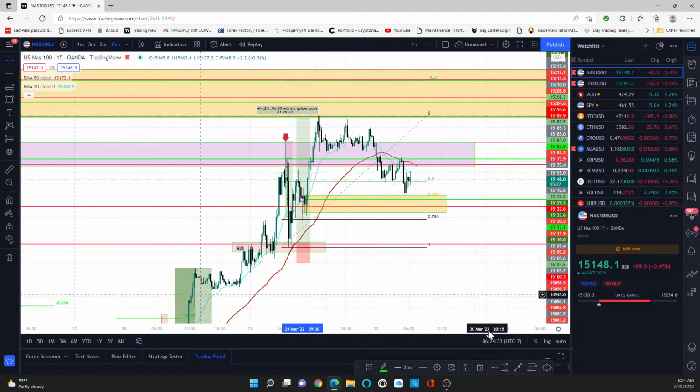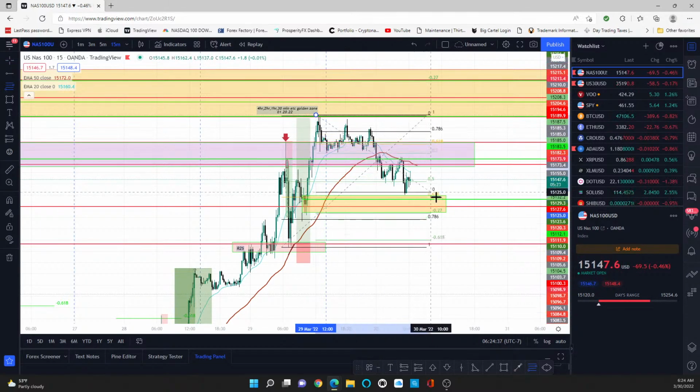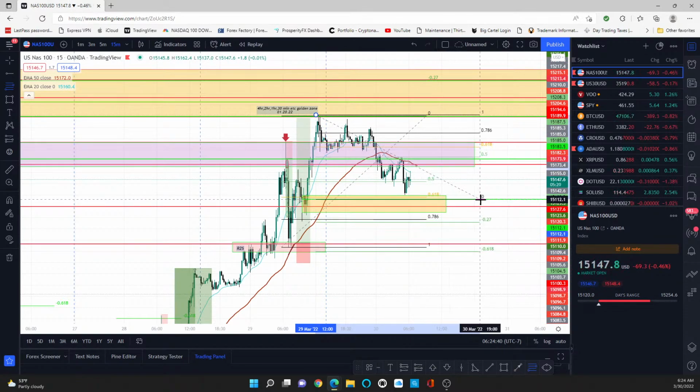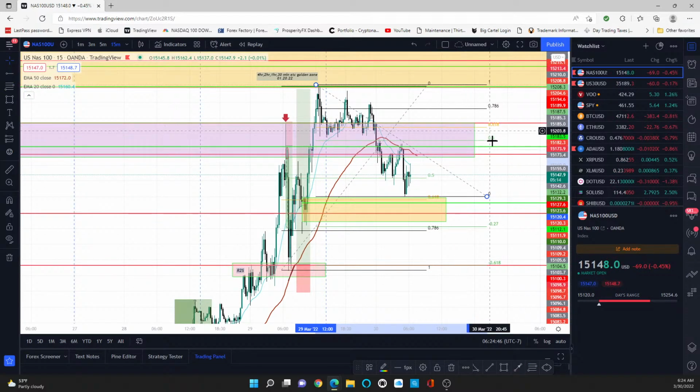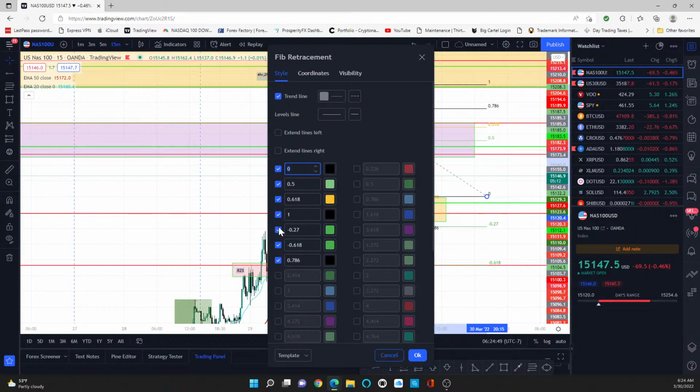Alright, so we got that. And then if we do the fib from here to here, we have a clear ILC. Actually, I'm still missing some.